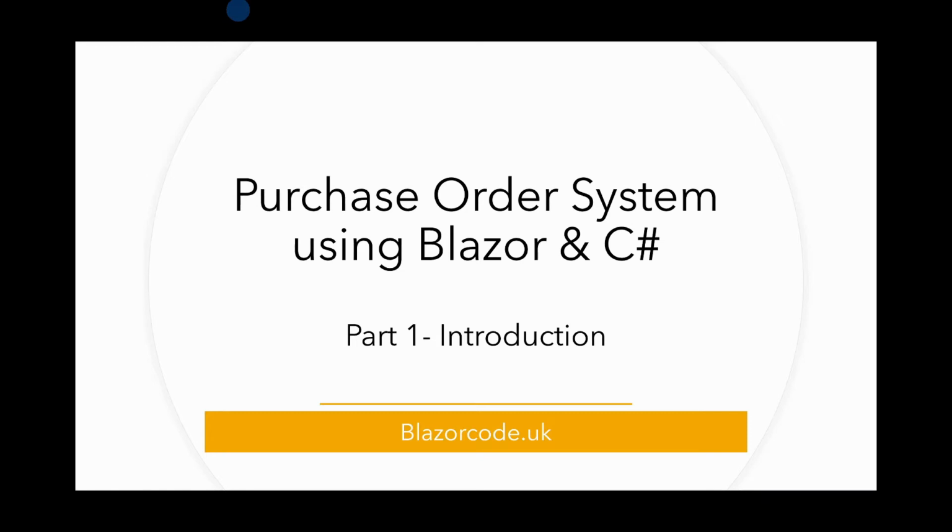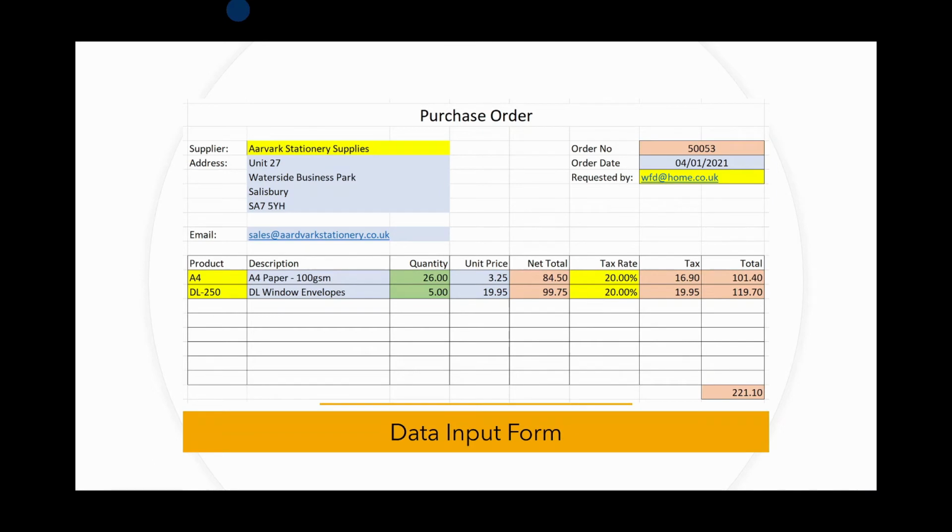Right, so let's have a look at the purchase order. This is a mock-up of the purchase order that I've done using Excel, in the first instance, to give me an idea of where the data is coming from.